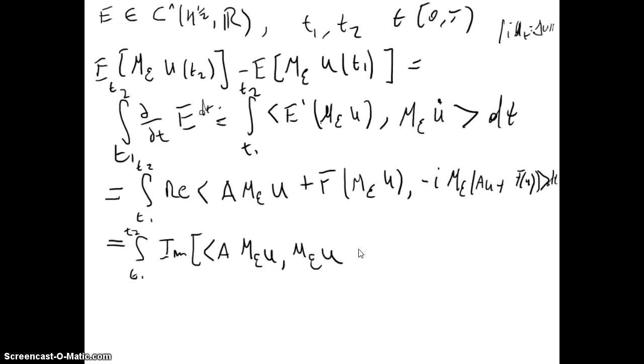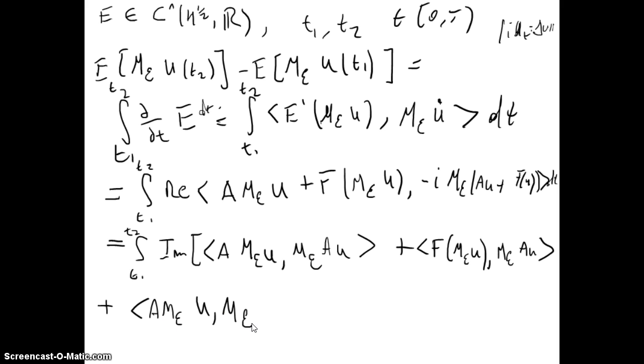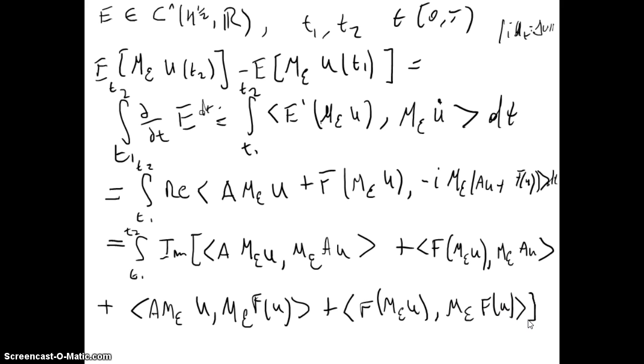So A m epsilon u, m epsilon, this is A u, and F m epsilon u comma m epsilon A u, plus A m epsilon u comma m epsilon F u, that is this one with this one here with an epsilon, and finally the last one is F m epsilon u, m epsilon F of u. Okay, that is the last one, dt.